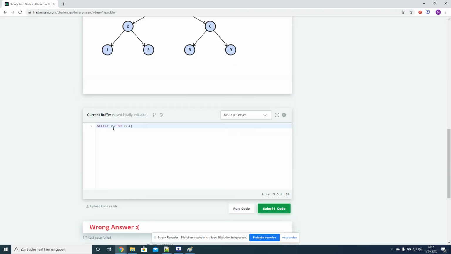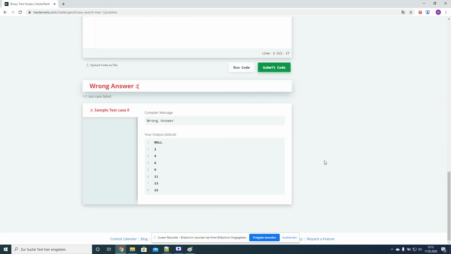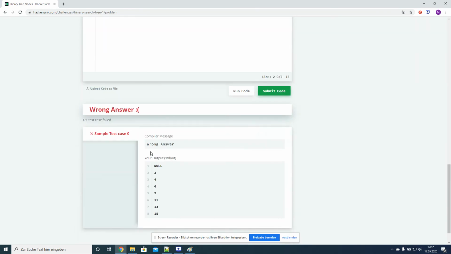So let's select distinct P from BST. So now we got all the parents here. We don't need null here in this list.